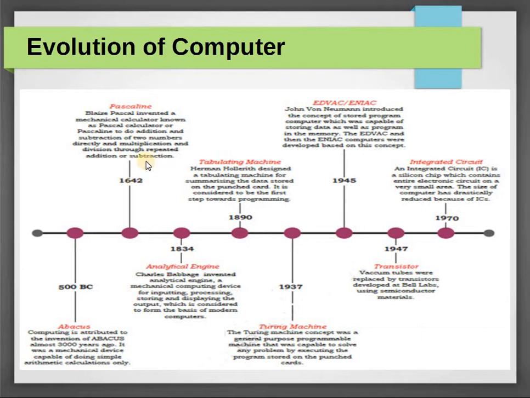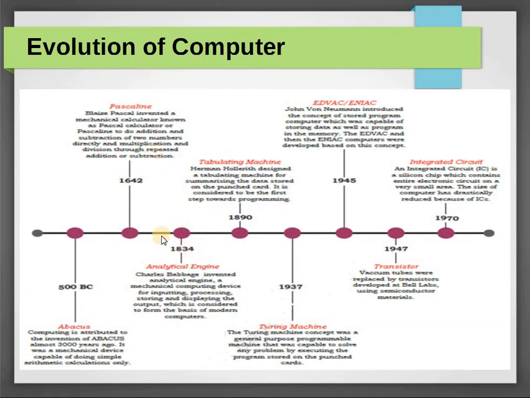Then in 1642, the Pascaline machine was invented. Blaise Pascal invented a mechanical calculator, known as the Pascaline calculator, to do addition and subtraction of two numbers directly, and multiplication and division through repeated addition and subtraction.